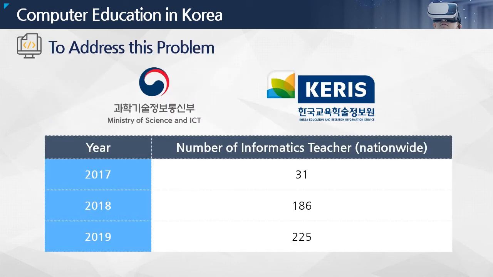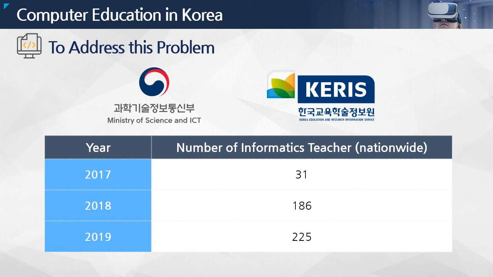Korea is making efforts to promote computer education at national level. In 2016, the Ministry of Science and ICT started to provide support for the revitalization of computer education, and the Career Education Research Information Service is also supporting computer education through the development of various textbooks and teacher training since then.